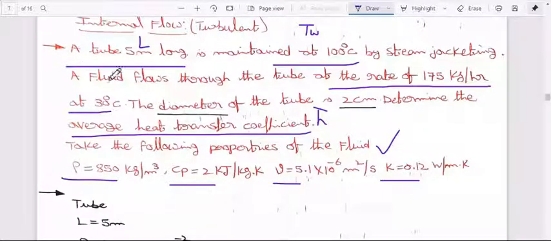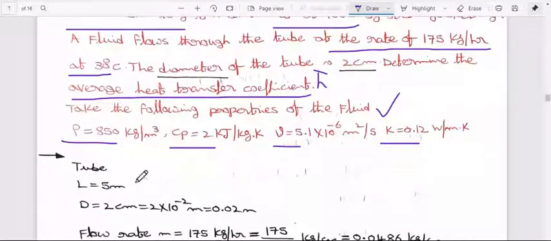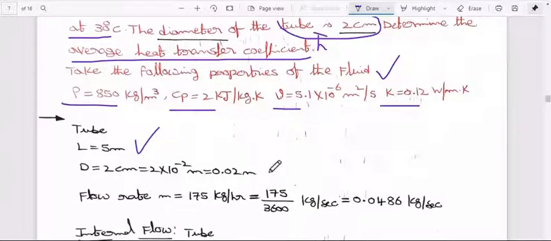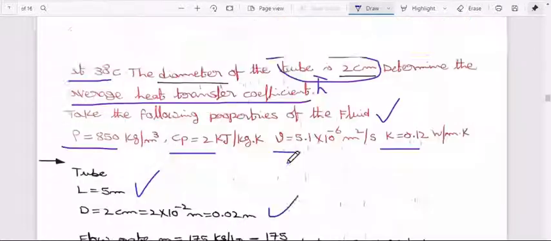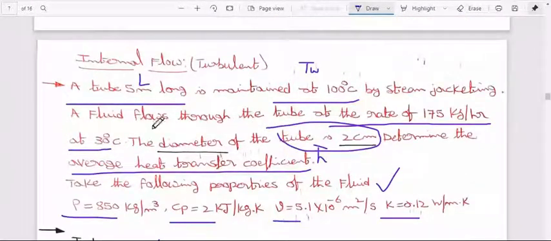So here, what is given? A tube 5 meters long is maintained at 100 degrees by steam jacketing. So L equal to length of the tube, 5 meters, and diameter of the tube 2 centimeters, that means 0.02 meters. And what is the flow rate? The fluid flows through the tube at the rate of 175 kg per hour.